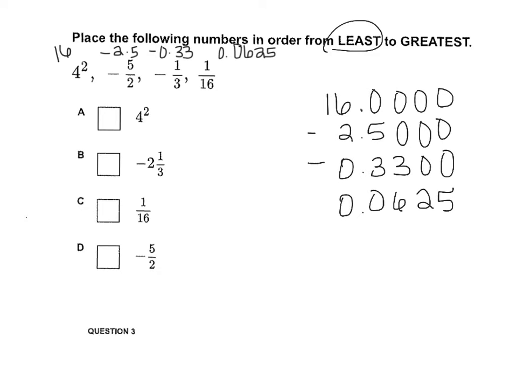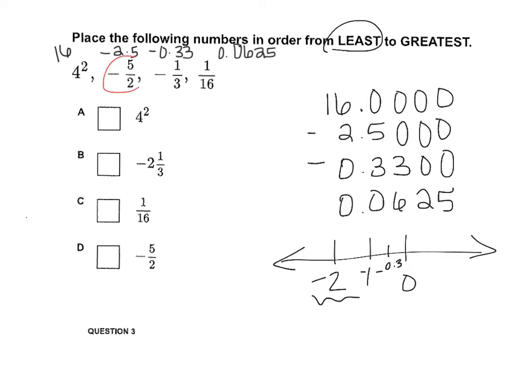So when I'm comparing negative 2 to negative 0, the negative 2 is going to be the smaller one, because if we had a number line, we'll say negative 0.3 is right here. And we'll say this is negative 1 and this is negative 2. Negative 2 is farther away than that 0.3. So that means this guy is the smaller one. So negative 2.5 was my smallest one.